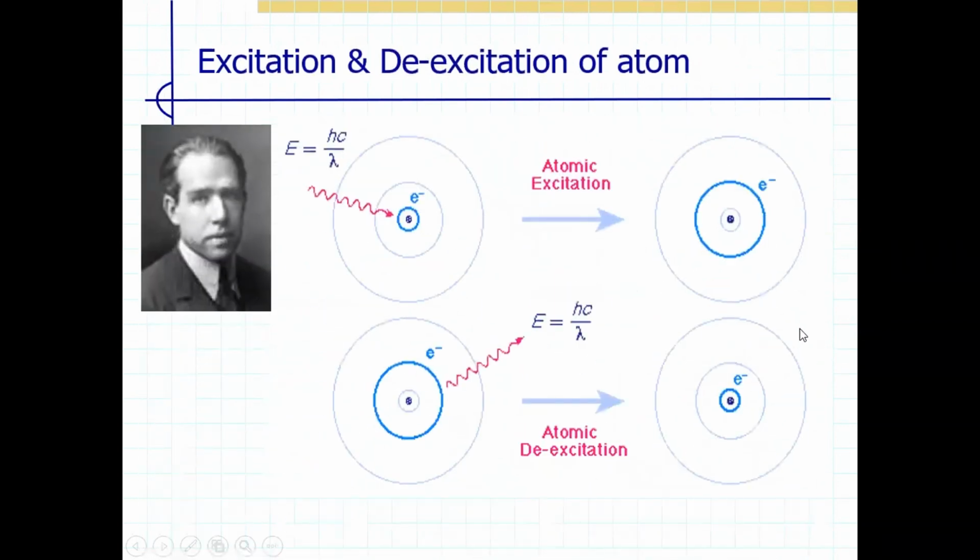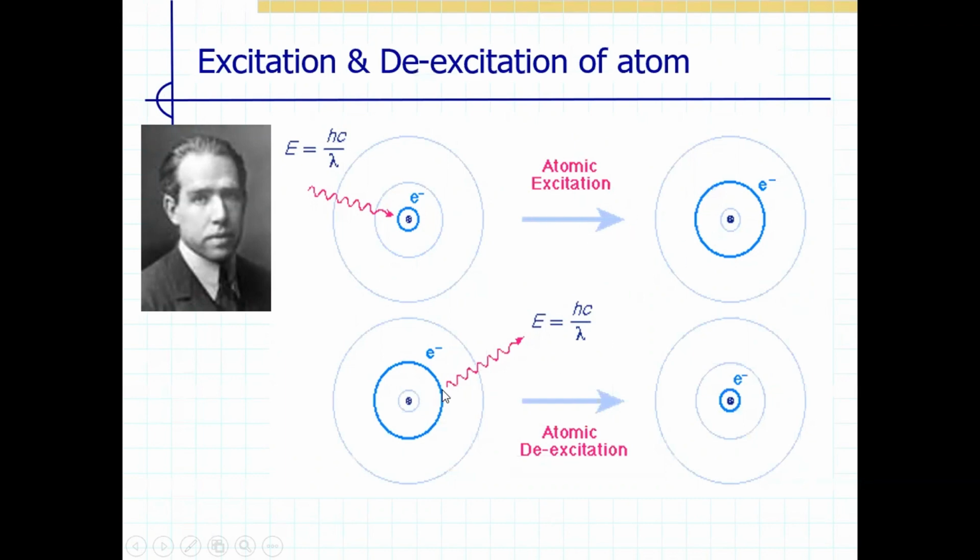So the atom has excitations and de-excitations. If the exact amount of energy is given to the electron, it will move from the innermost state to the first excited state, and this will be the atomic excitation.